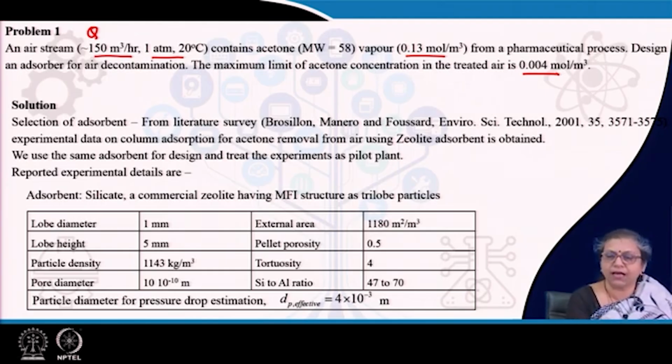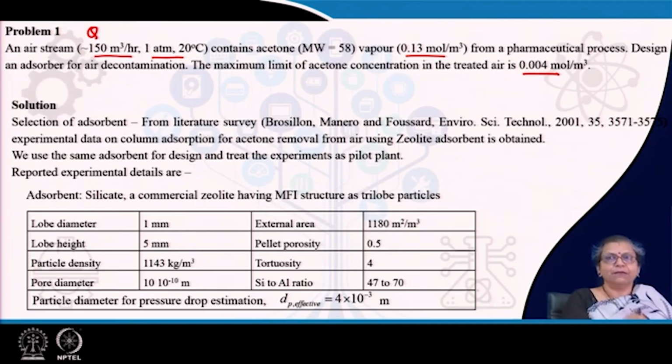If you recall, in the last class, what did we say? The first step will be selection of adsorbent. Now, when you select an adsorbent, definitely we have to keep in mind which adsorbent is conventionally used for such a system.